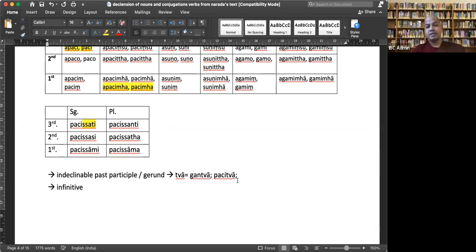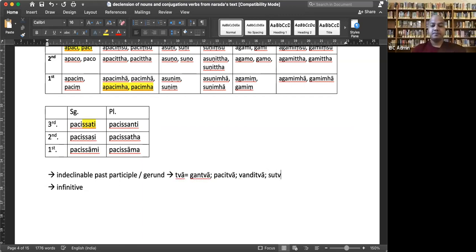Vandati becomes vanditwa. And then sunoti becomes sutwa.